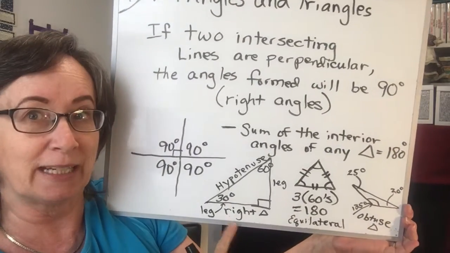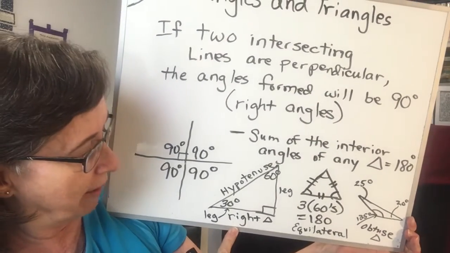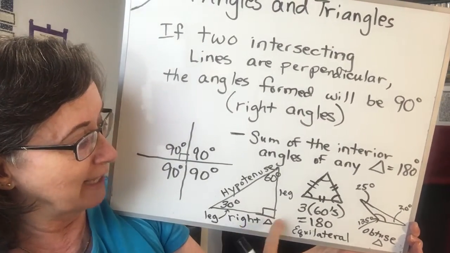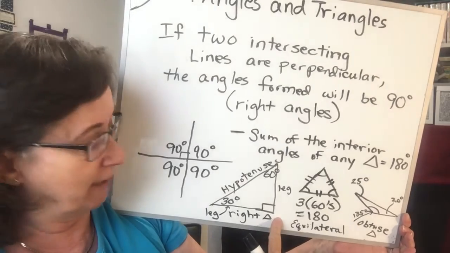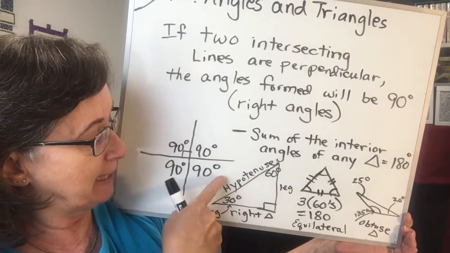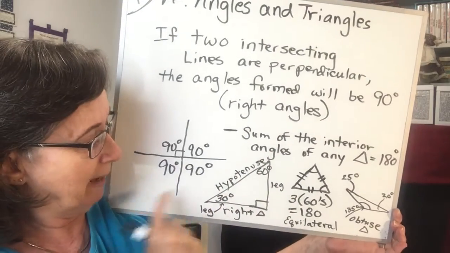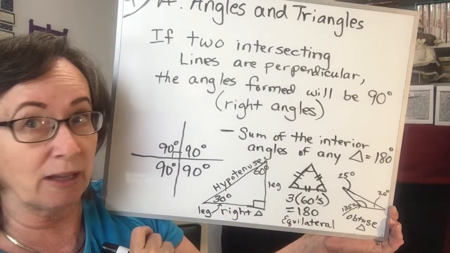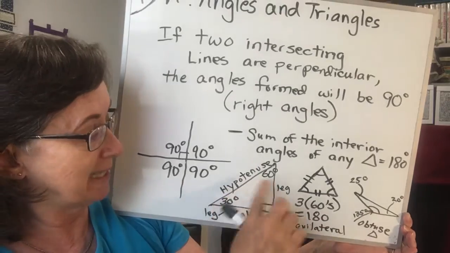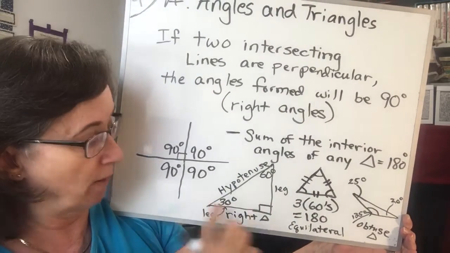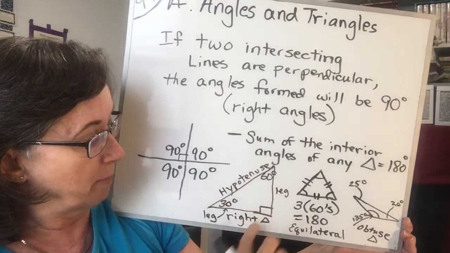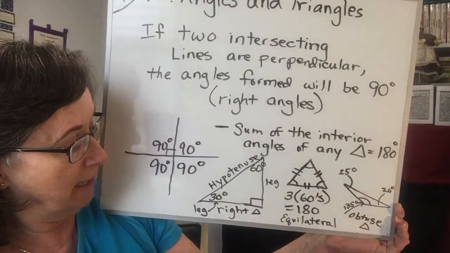Today's lesson, we're talking about this right triangle. Now, a right triangle has one 90 degree angle, and opposite the 90 degree angle is the hypotenuse. The hypotenuse will always be the longest side of a right triangle, and it's always opposite from the 90 degree angle.